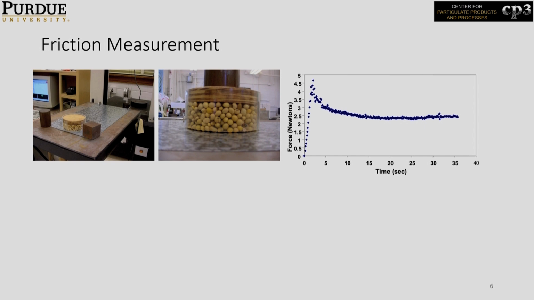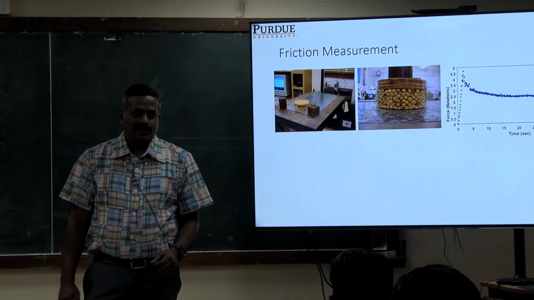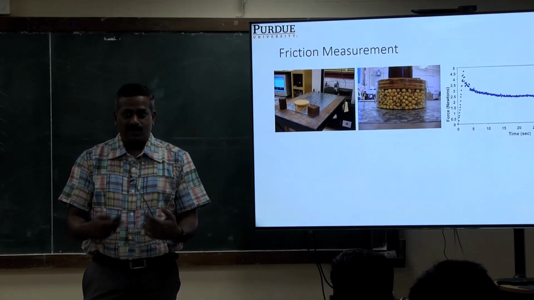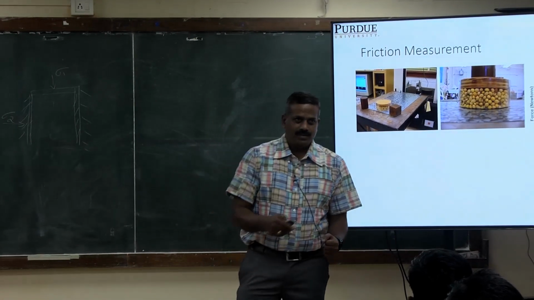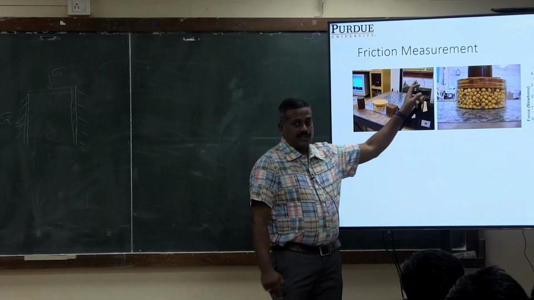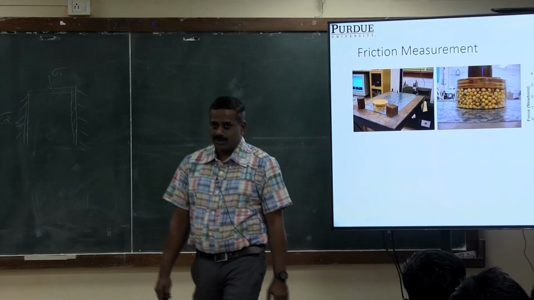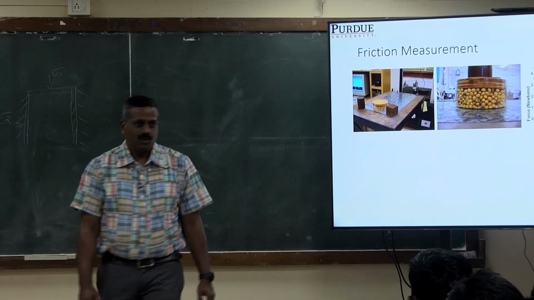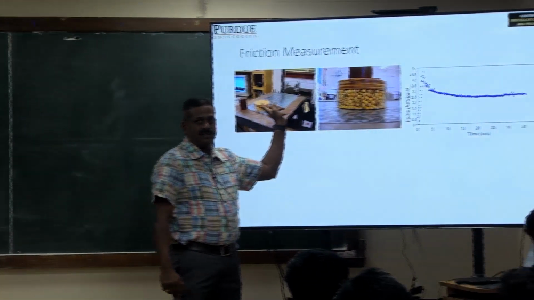What is one thing that does not give us an exact, accurate quantification of friction? Any thoughts? You're using a roller here, so it adds to friction. The roller should be absolutely frictionless so that you are quantifying just the friction of the material. If not, you will be adding this friction effect to the grains or materials.